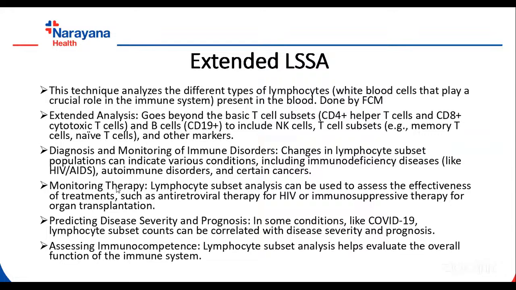It is done for diagnosing and monitoring of immune disorders, especially in various immunodeficiency disorders, pediatric as well as adult. It helps in monitoring therapy. It also helps in predicting disease severity and prognosis. It assesses immunocompetence. LSSA, a part of extended LSSA, is often done to see immune reconstitution in our post bone marrow transplant patients.